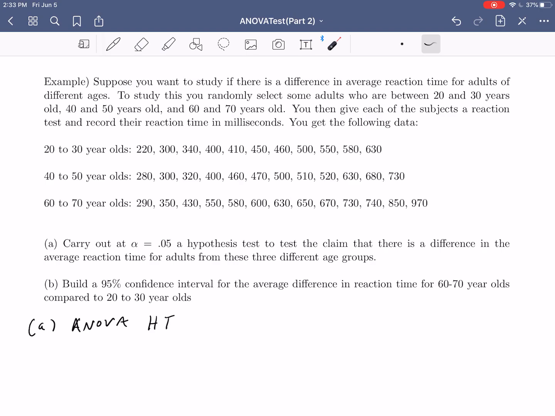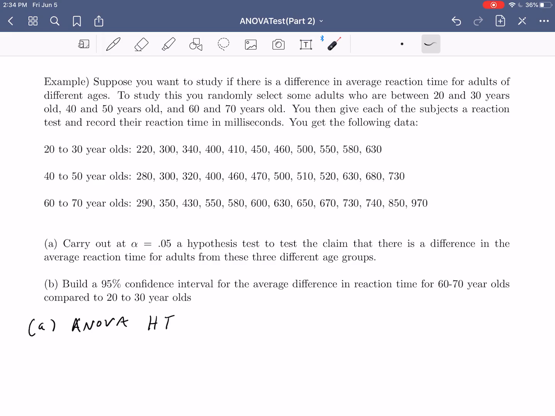We also know it's quantitative because all throughout we see the mention of the word average, which only relates when we have quantitative data. So average reaction time there, and we're talking about whether or not there's a difference in average reaction time. So we know we're working with quantitative data. And how many samples do we have here? Well, we have 3 or more samples coming from 3 or more different populations. So all of that makes it an ANOVA hypothesis test.